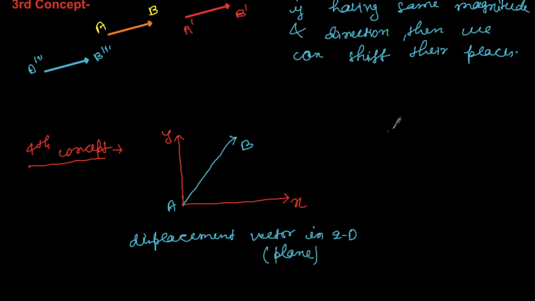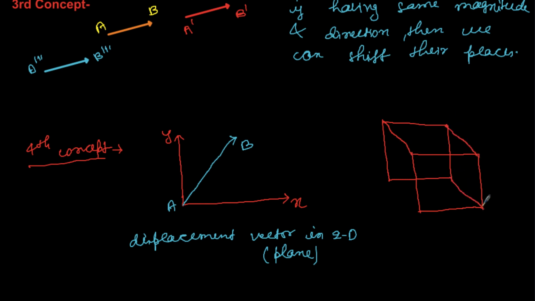Now the third thing: suppose in your room you are going from one corner to the other corner. From this corner to this corner you are going.